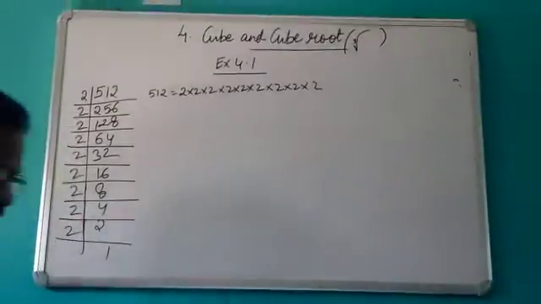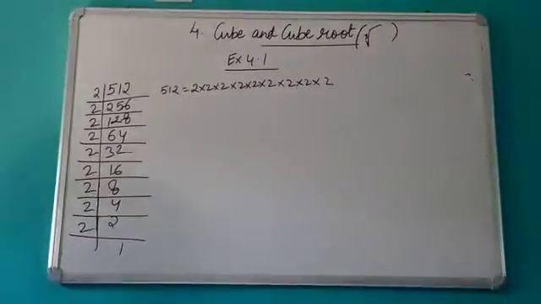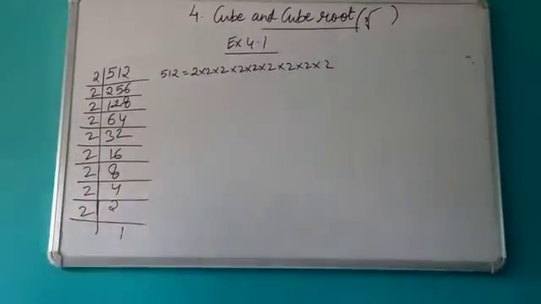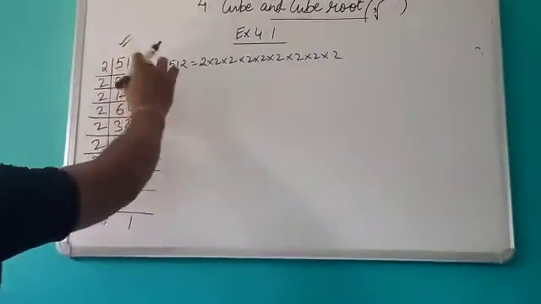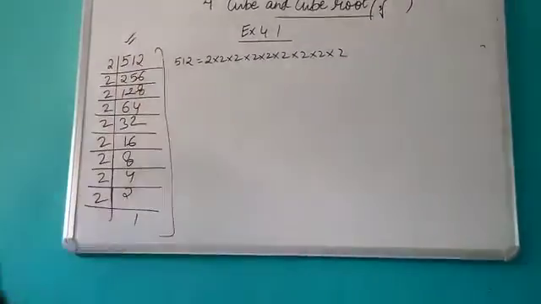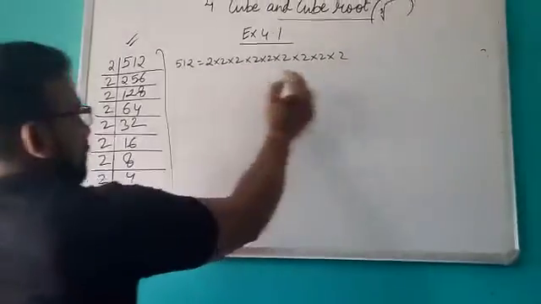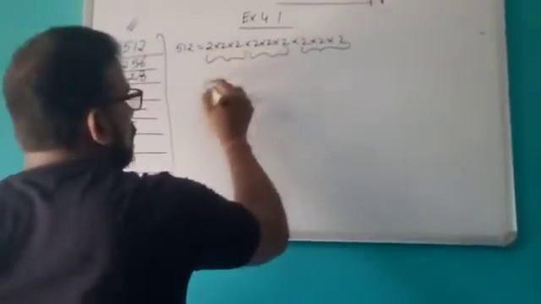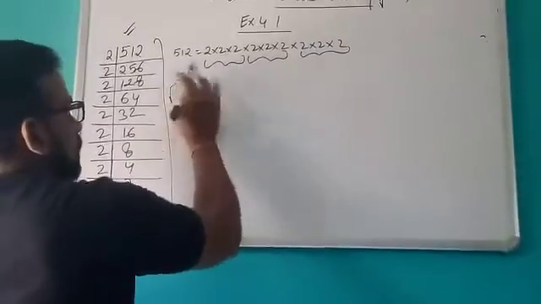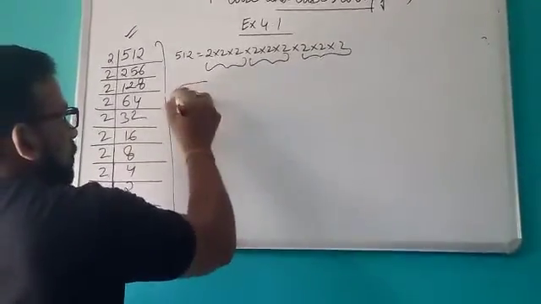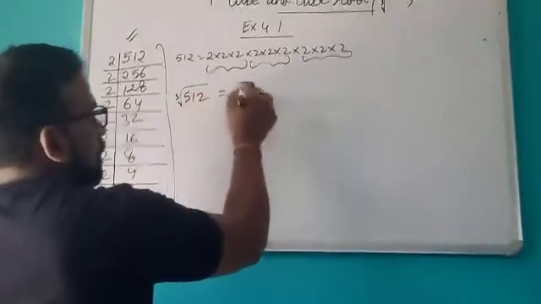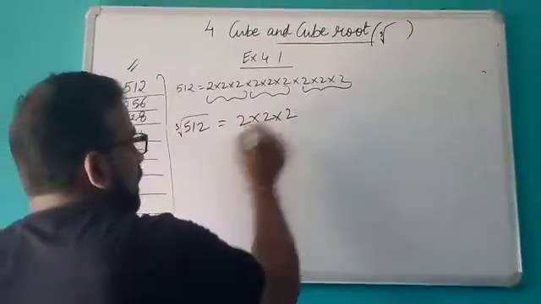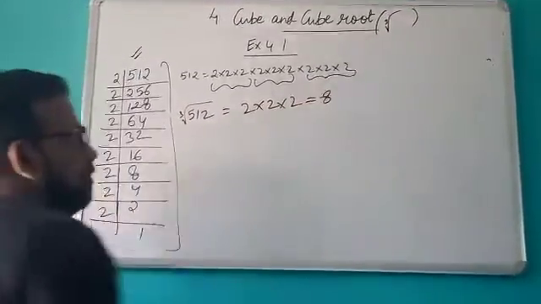One more number I have taken is 512, and I have to see whether it is a perfect cube or not. The first step is to do the prime factorization like I have done. Then when you see properly, there is one group, then 2, then 3. So when you calculate the cube root of 512, all the prime factors have been exhausted and all the groups have been formed.